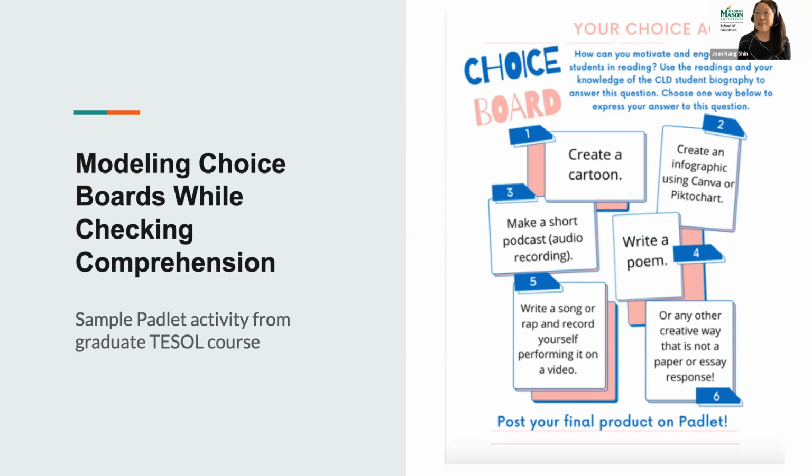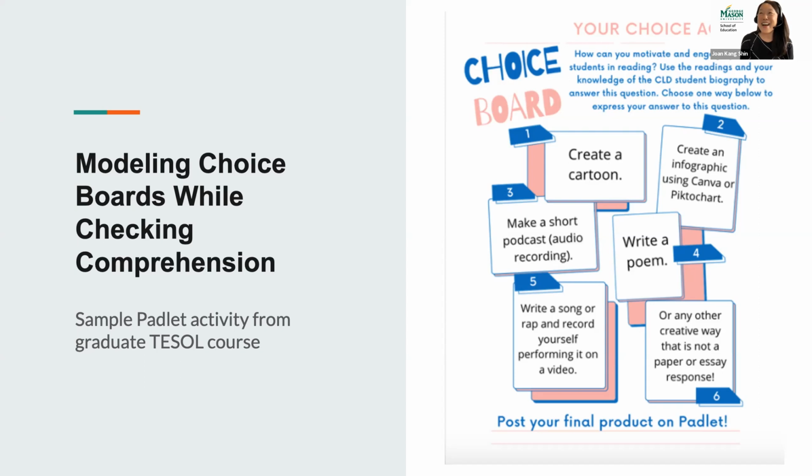So you can see here this choice board, which can be used on a range of topics with learners at all levels. In this case, it was about motivating and engaging CLD, culturally and linguistically diverse students, in reading.